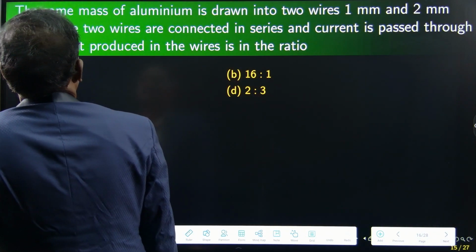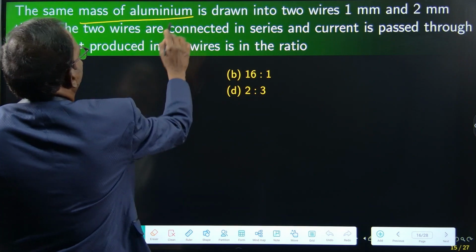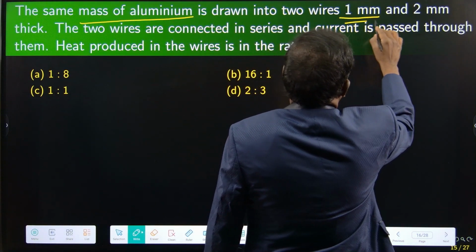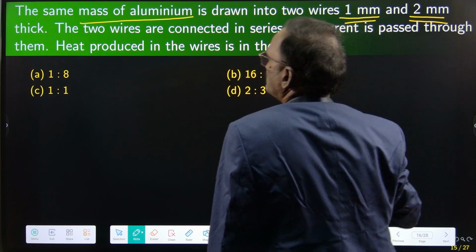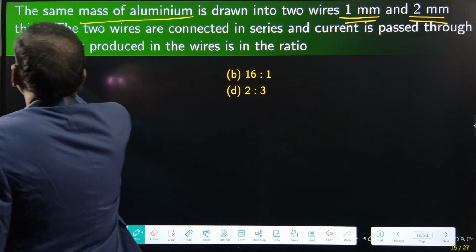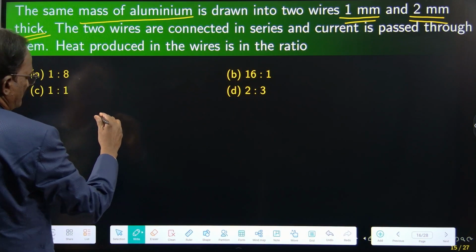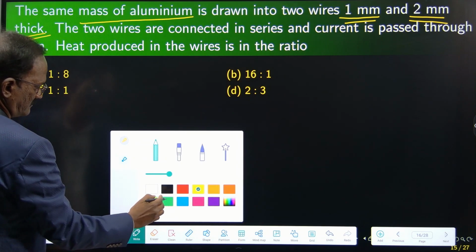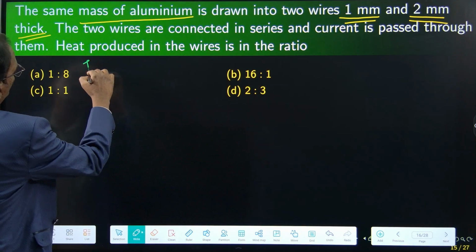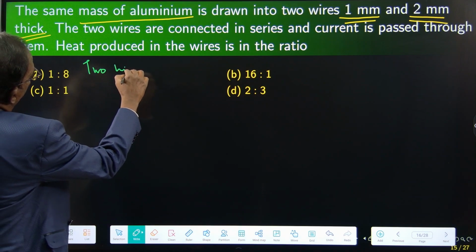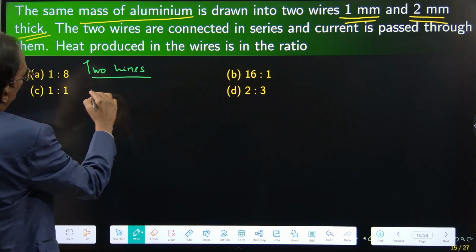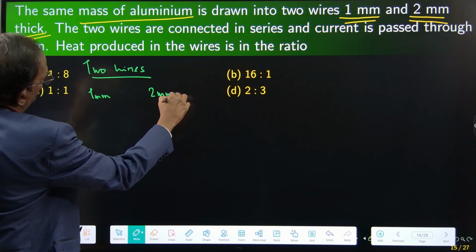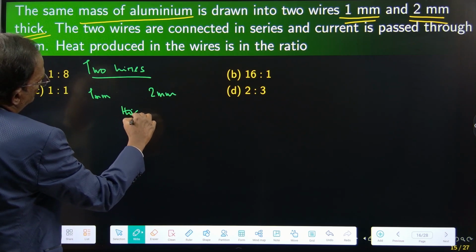The same mass of aluminium is drawn into two wires, 1 mm and 2 mm thick. So two wires, 1 mm and 2 mm thickness.